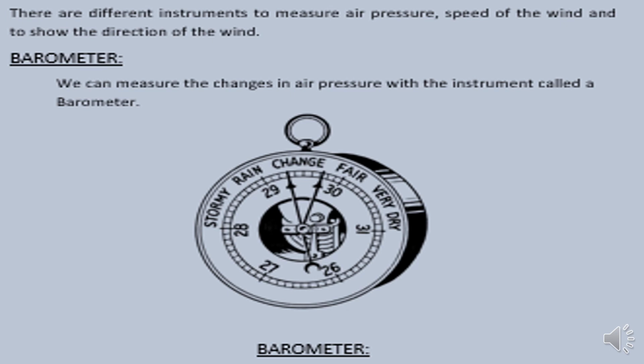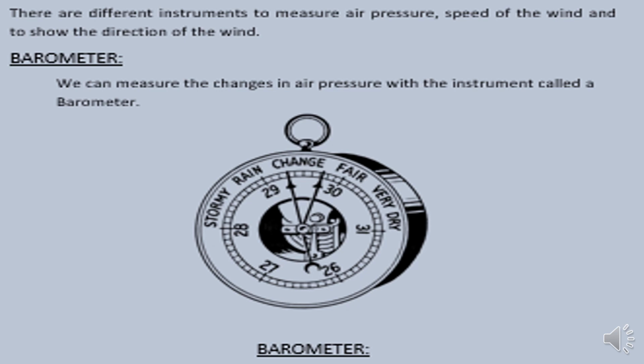Then the next topic in your booklet is that there are different instruments to measure air pressure, the speed of the wind and to show the direction of the wind. First, I have given you the barometer. This is an instrument with which we can measure the changes in air pressure. You can see the picture in this slide and in your booklet too.